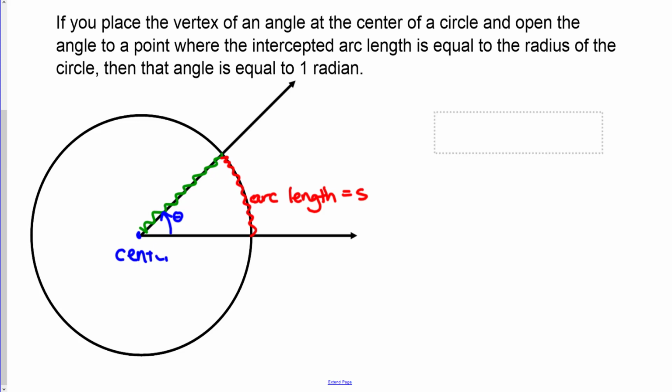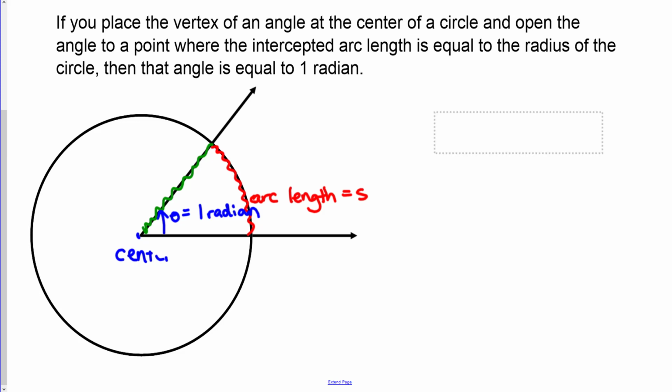So I'm not quite to 1 radian yet. If I continue rotating that a little bit further out, to right there, okay, now I have to erase this, I'm sorry. Here's the arc length of the circle. Here's the radius. Those two lengths are approximately the same now. So what that means is this angle measure theta is now equal to 1 radian. And that's how we define radians.